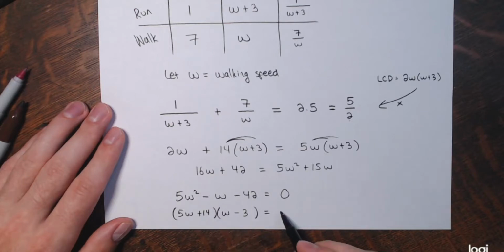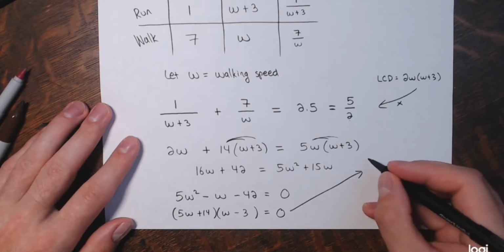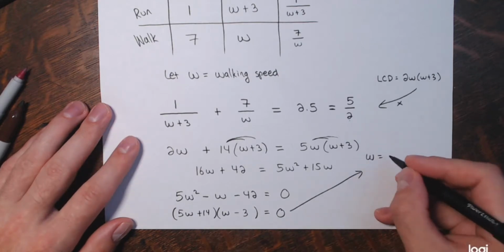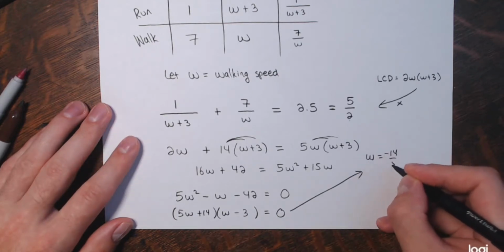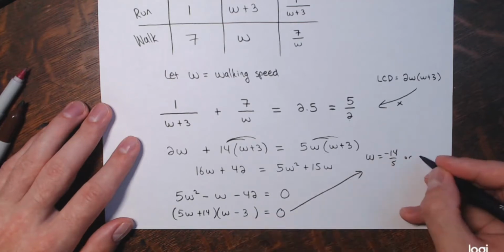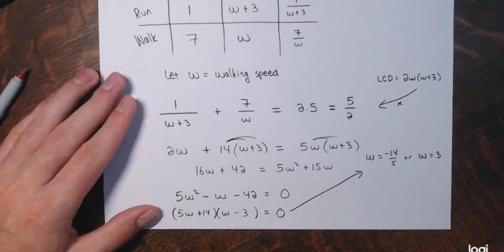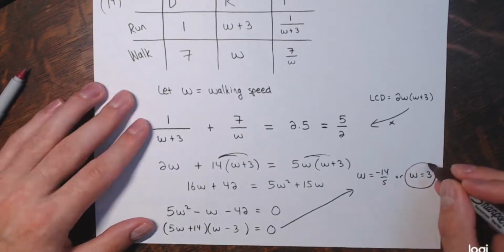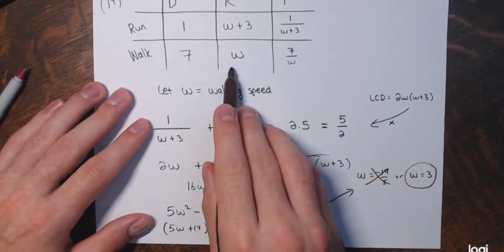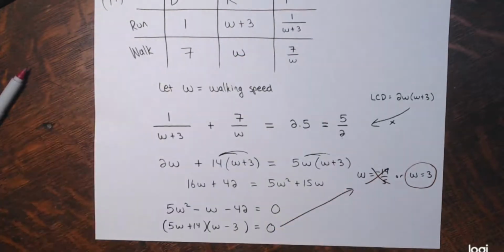Great. Alright, cool. And then the only solutions to this would be W equals negative 14/5, or W equals positive 3. And once again, the only one that makes any sense in the problem is the positive one. The other one doesn't make any sense because you can't have a negative walking speed.